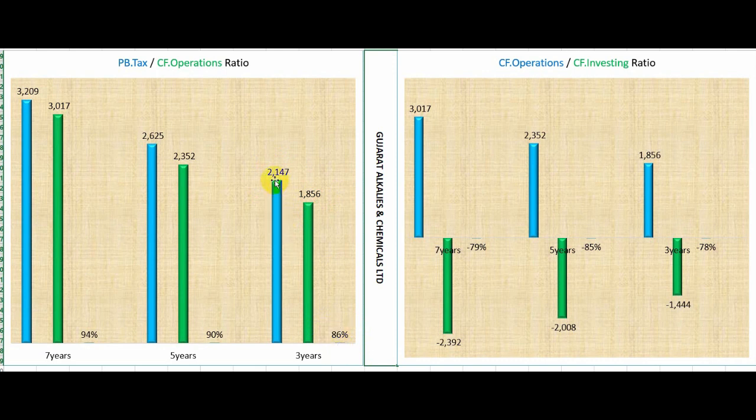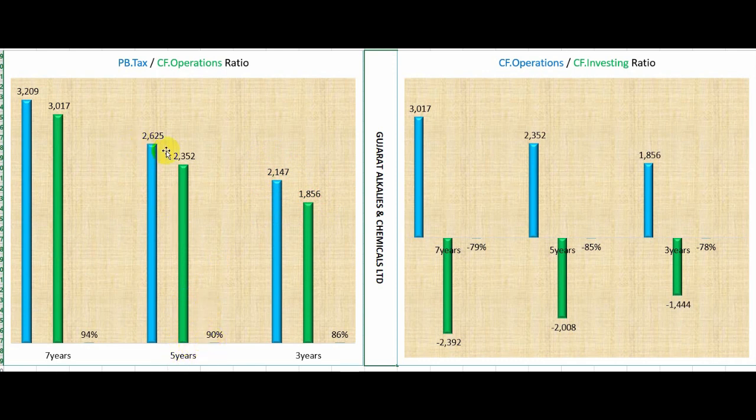So we want the cash to be very near or even higher than what the company has declared as profit. So that signifies that whatever the company is saying that it has earned as profit is actually being received in terms of cash. In the last 5 years, that value was at around 90%.